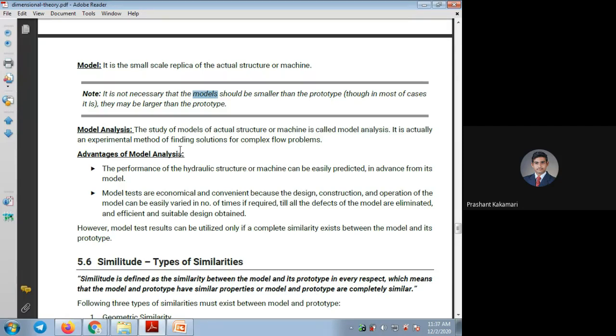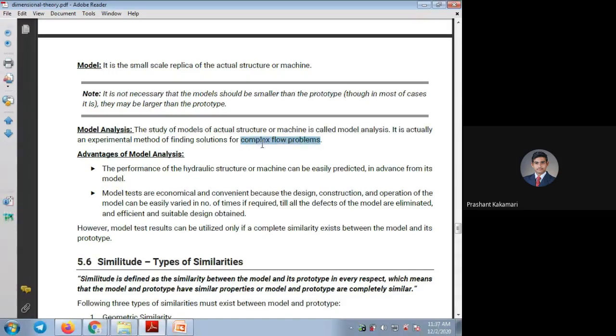So it is actually an experimental method of finding solutions for a complex flow problem. Before going to a complex flow problem or a combination of different flow properties, in the model you can check them one by one and later go by combined effects.